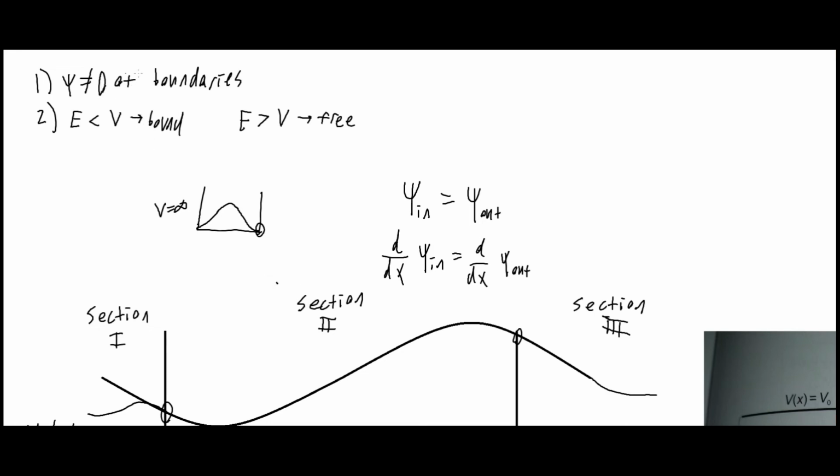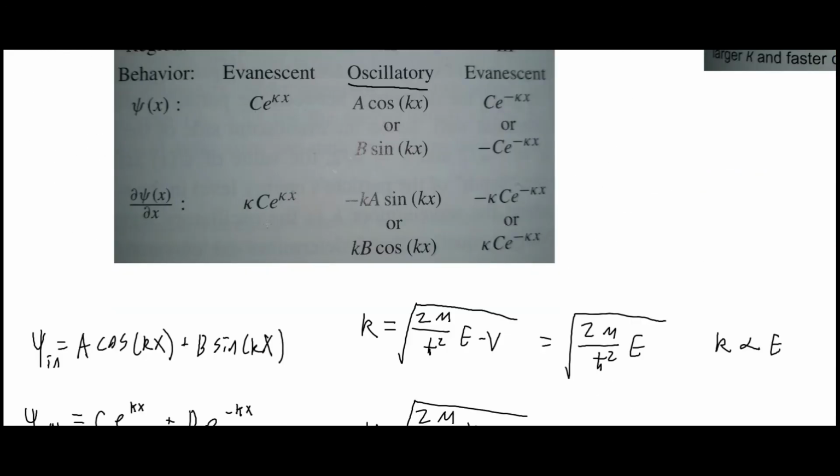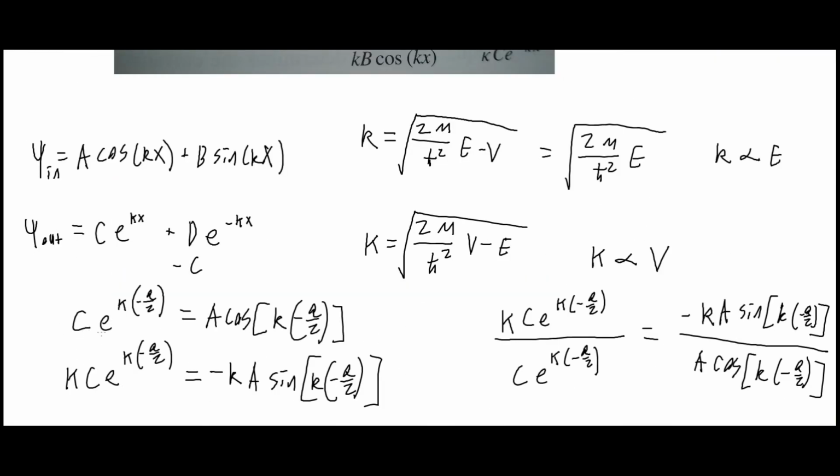It is not equal to 0 at the boundaries, and we can only have a certain number of energy levels, because once the energy gets higher than the potential, then our particle becomes free.